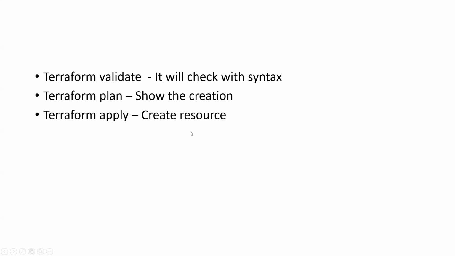For example, if you are using the AWS provider, then it will create those resources in the AWS cloud, or it will be Azure, GCP, Alibaba Cloud. Based on your provider, it will create your resources and bring them live. So this is the workflow.